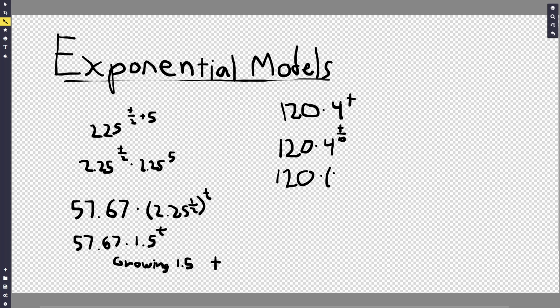So using our exponent properties, 4 to the power of 1/10 to the power of t, so that's the 10th root of 4, okay, which is going to be smaller. Let's see. So we know every year the bunny population grows by a factor of about 1.15. And this is our new equation for the growth of the bunny population every year.